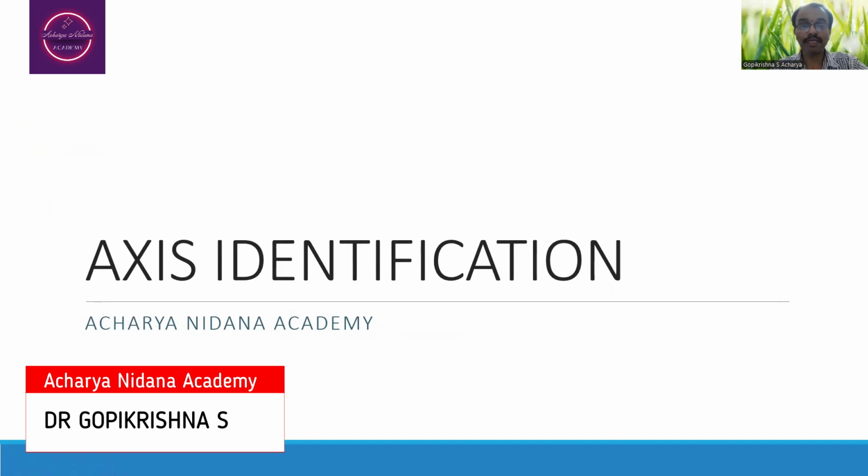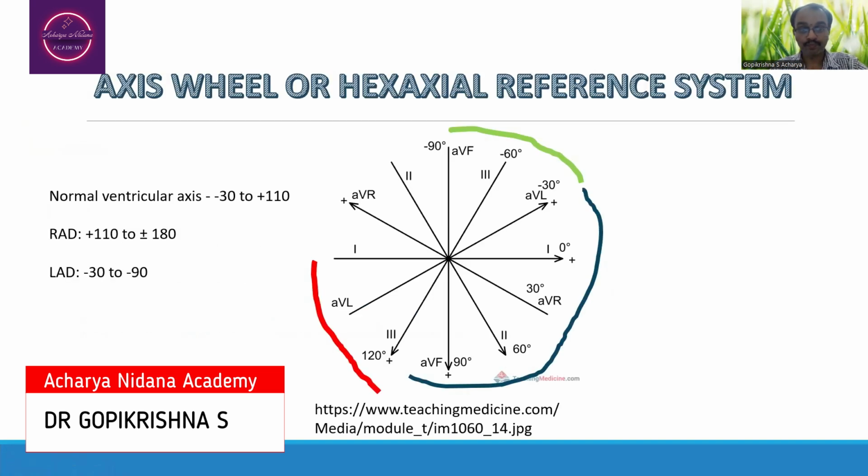This is actually determined by the modified Einthoven's triangle. Einthoven's triangle is the triangle which is derived from the electrocardiographic leads. This will be the nature of an axis wheel or the hexaxial reference system.